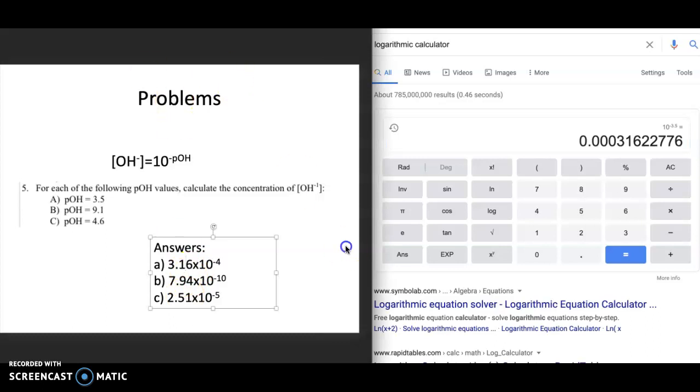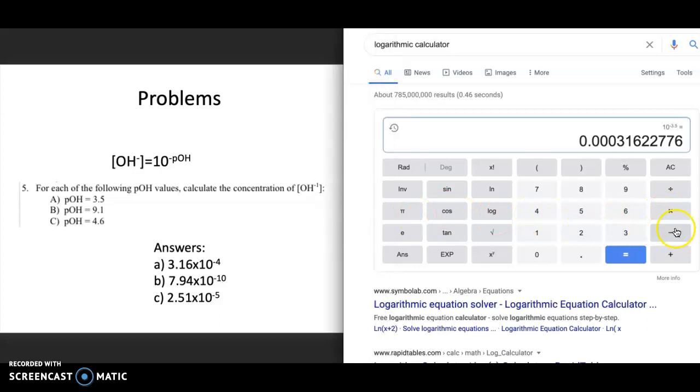Okay, next one, I have negative log. Okay, clear aggressively. Wait, what am I doing? Sorry. I'm taking 10 to the negative. So 10, negative 9.1, equal to 7.94 times 10. See, this one did it for you. 7.94 e negative 10 means times 10 to the negative 10.